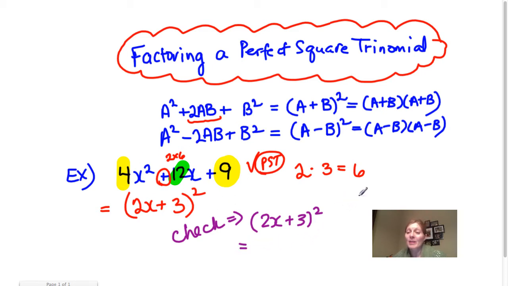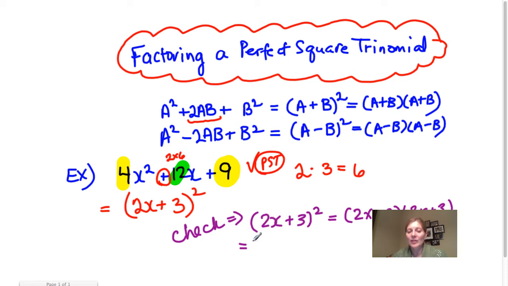And you can remember it by the song or by the poem, which is square the first, square the last, double the product, it's a blast. Or by remembering that 2x plus 3 squared actually means 2x plus 3 times 2x plus 3. And you can FOIL that out. I'm going to do it using the poem.